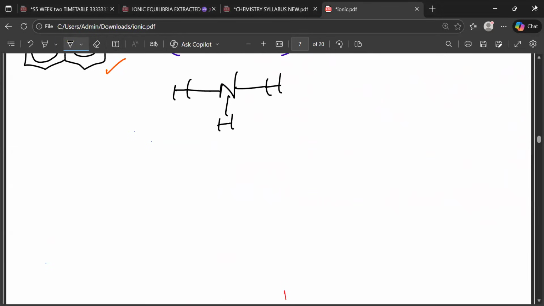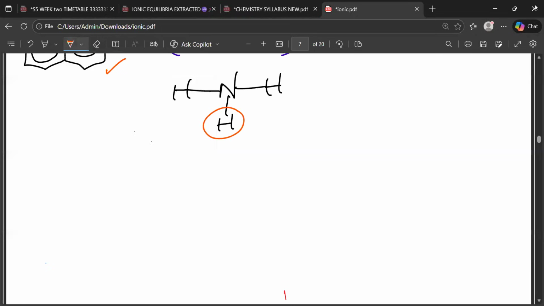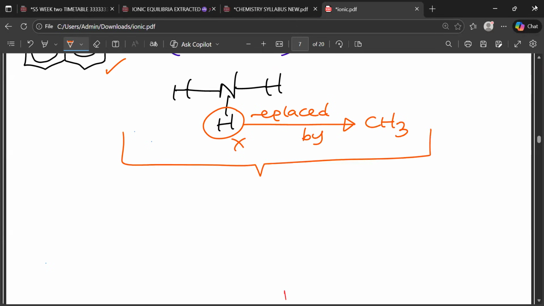We just want to generate our amines. So assuming this H is lost and then replaced by maybe CH3. So the moment it's replaced by CH3, do you know what is going to happen?